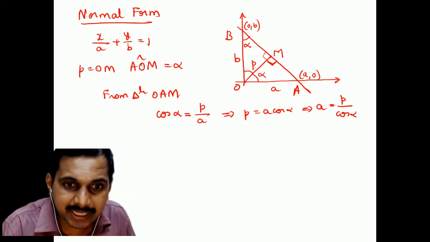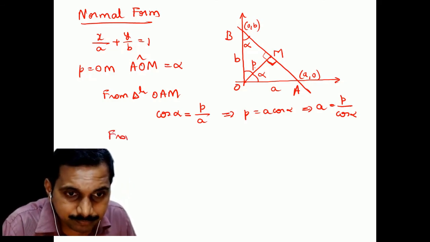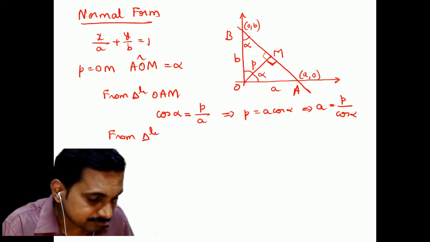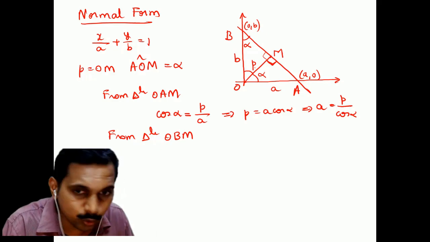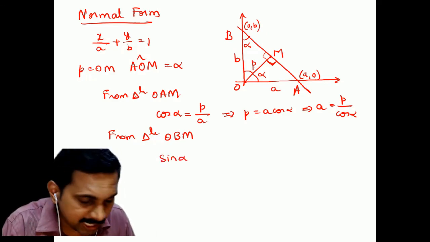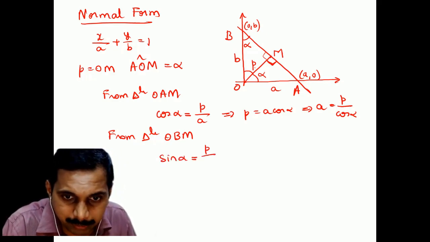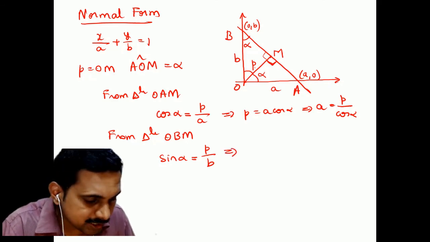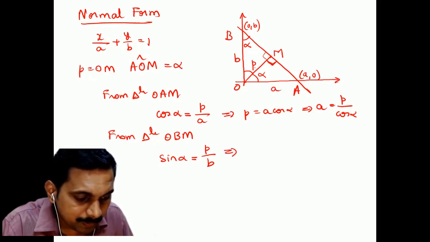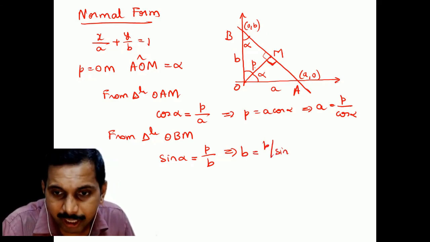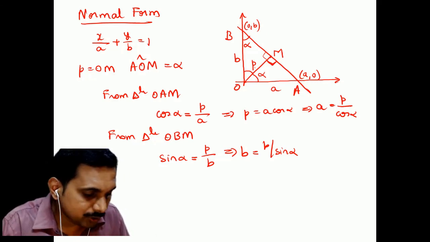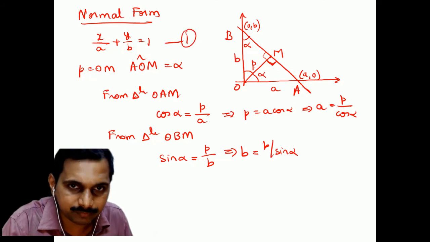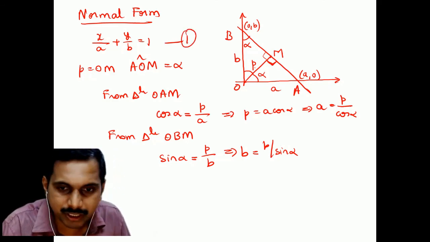Similarly, for the other side, write it down as I write it. From triangle OBM, sin alpha is equal to P by B, correct? This implies that B is equal to P by sin alpha. Now let us put this into the equation number 1.